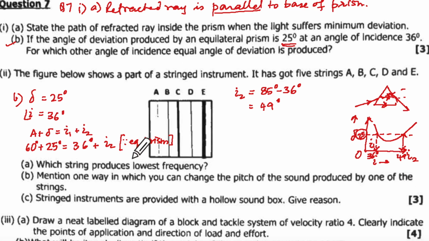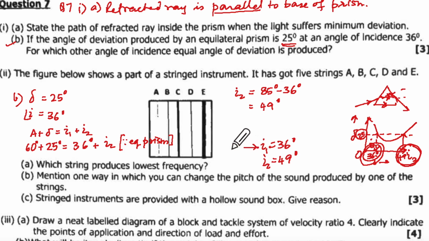All right. Yes. So if this is the angle of incidence, this will be angle of emergence, and if this is the angle of incidence, this will be angle of emergence. Do you agree with that? Yes, ma'am. Some of you didn't understand. See, we are getting your I1 as 36 degrees and I2 is equal to 49 degrees.